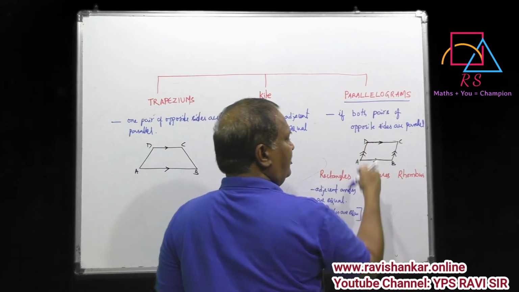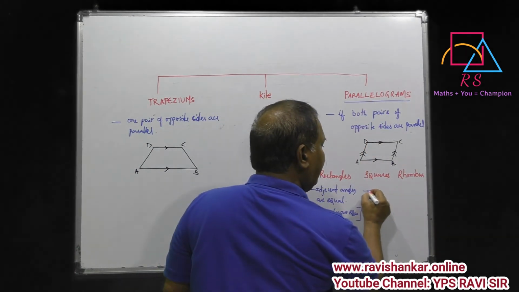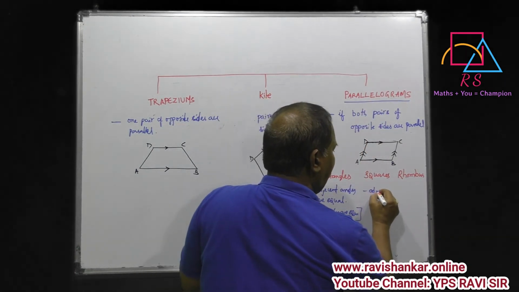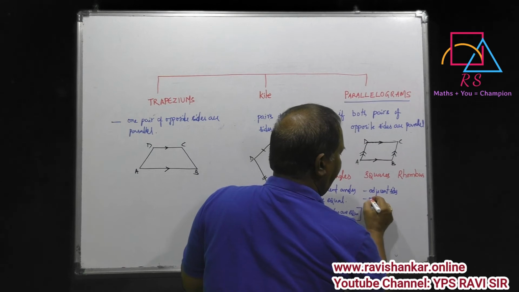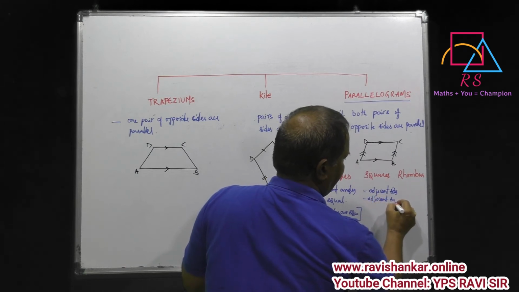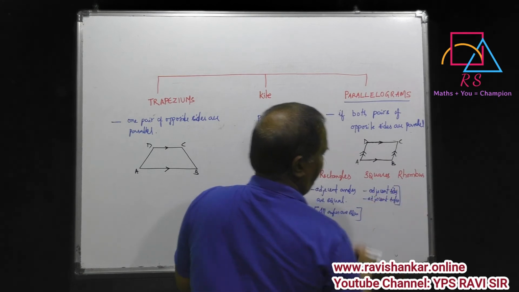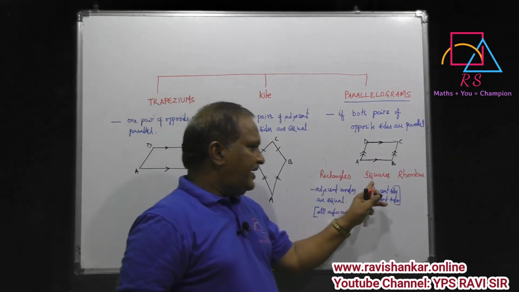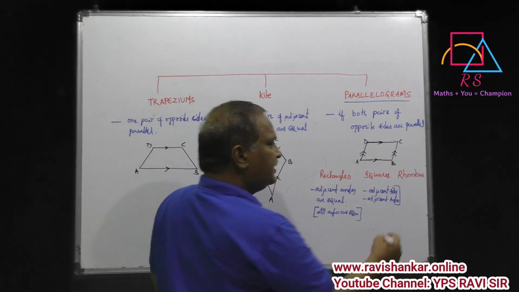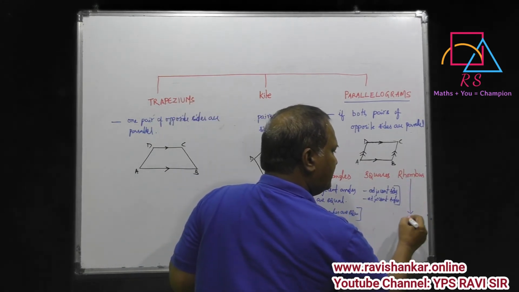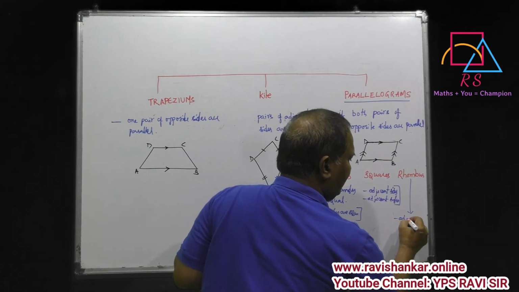When does a parallelogram become a square? Adjacent sides are equal and adjacent angles are also equal. Two conditions are there for this. When a parallelogram becomes a rhombus, adjacent sides are equal.